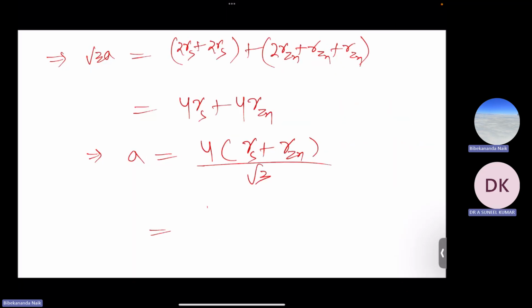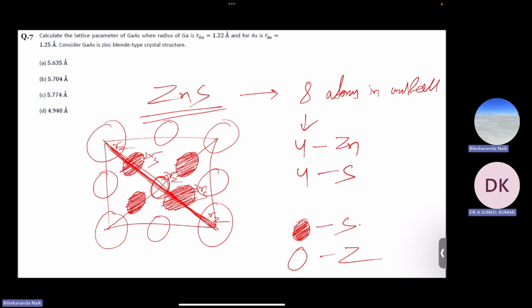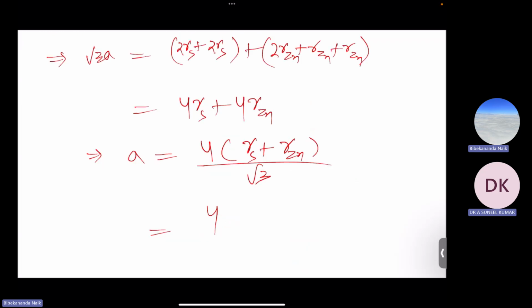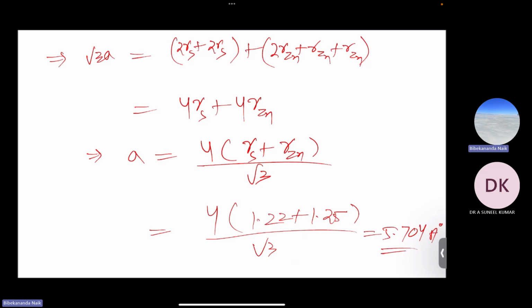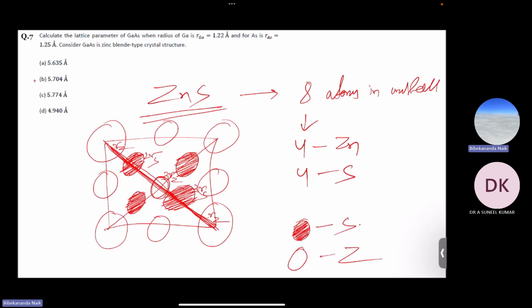If you use the formula, it will be 4 into 1.22 plus 1.25, divided by root 3. It is 5.704 angstrom. So this is the correct answer, and the option is 5.704 angstrom. That is option B.